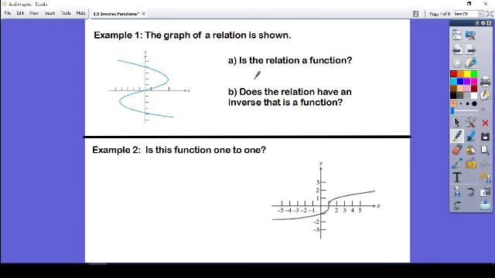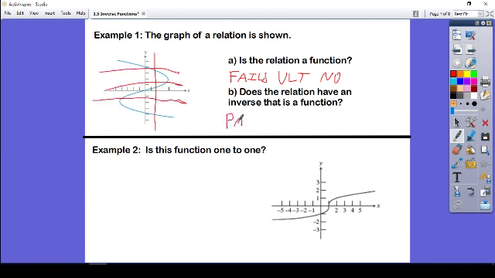All right, the graph of the relation you're shown. Is the relation a function? It fails the vertical line test? No. Does the relation have an inverse that is a function? Passes HLT, the horizontal line test, so yes.